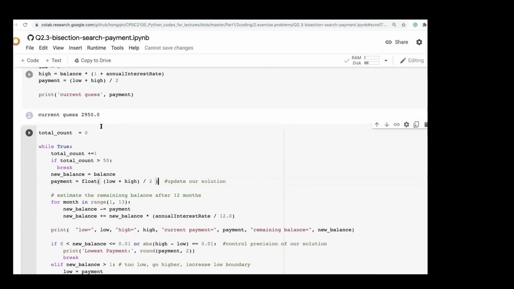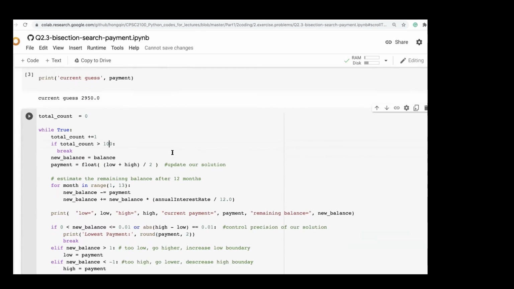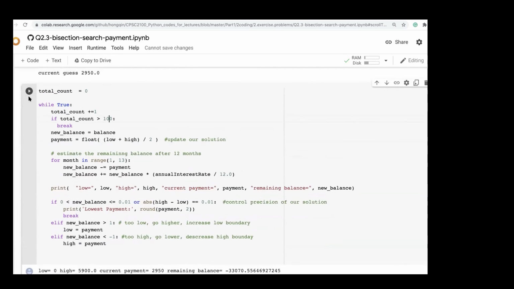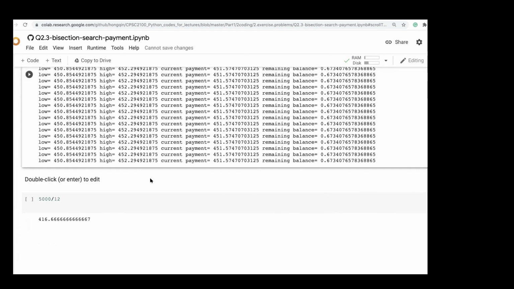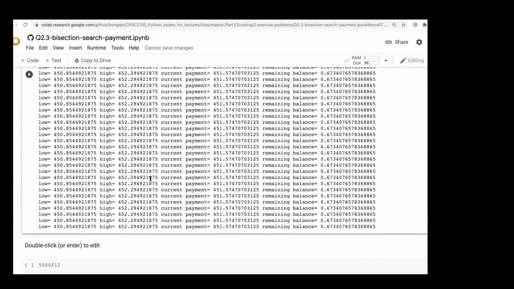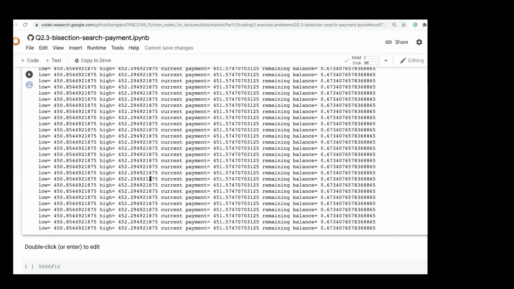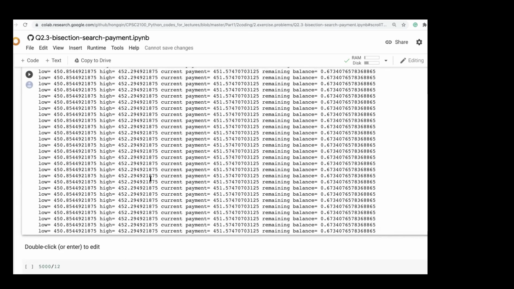Oh, then maybe 50 is not good enough. 100? Okay, let's see. $550. Okay, it's not moving anymore.